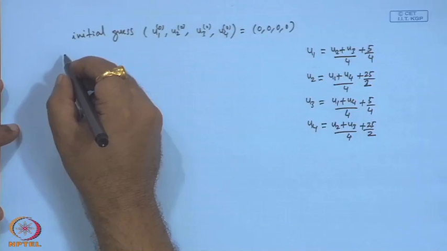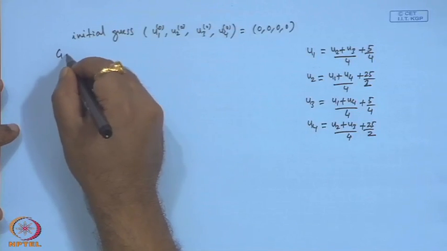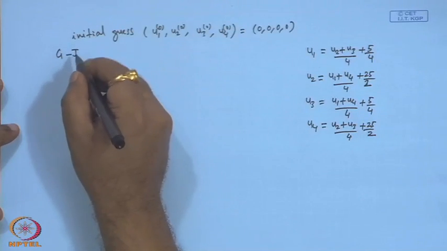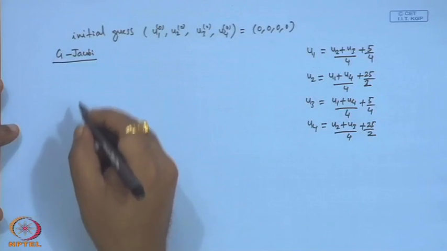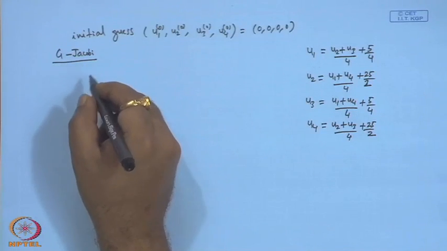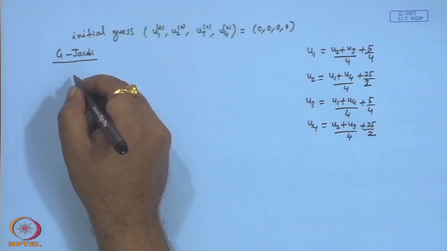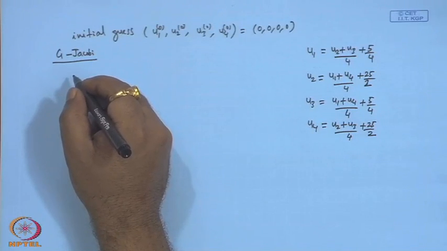So, now let us do Gauss Jacobi. Okay. So, now in this we define, so we are ready to compute.